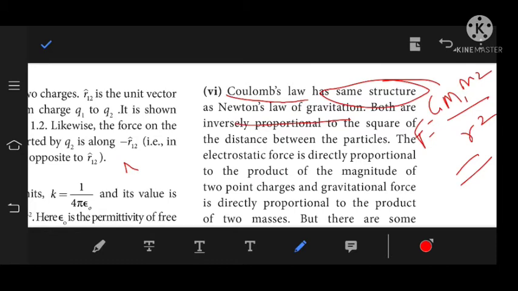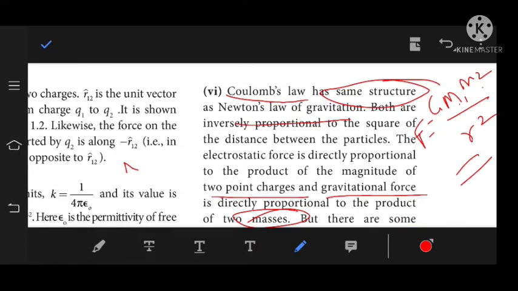Electrostatic force is directly proportional to the product of the point charges, but gravitational force is proportional to the product of two masses. So this is the difference. Even though they have the same structure, there is a difference between the two forces.